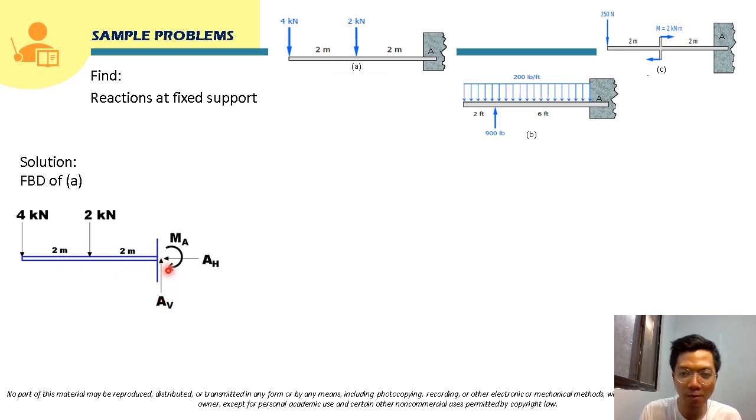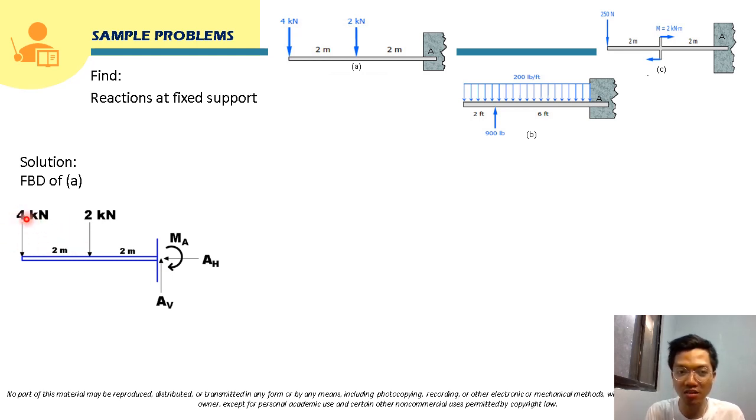For the reactions that this support provides, we have a vertical reaction and a horizontal reaction. We will name them AV and AH, and we also have a reaction moment, which we will name MA. We can assume the direction of that reaction moment, but we can base our assumption on the applied loadings.